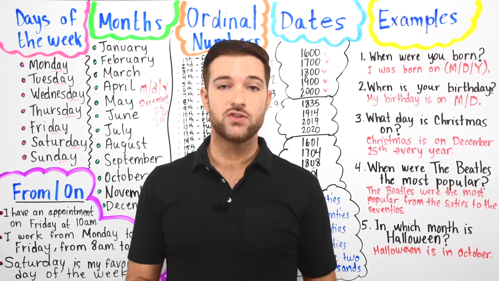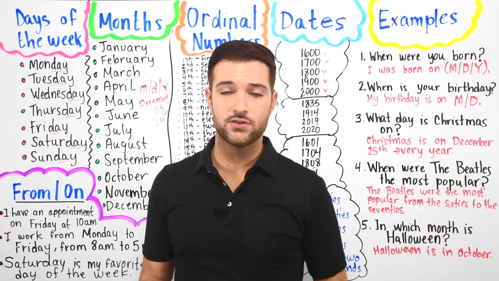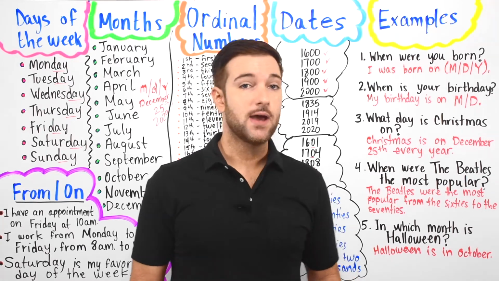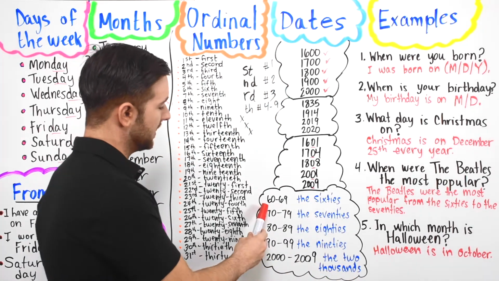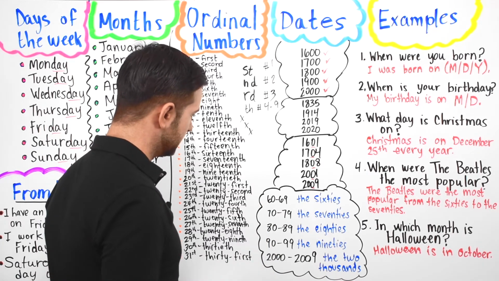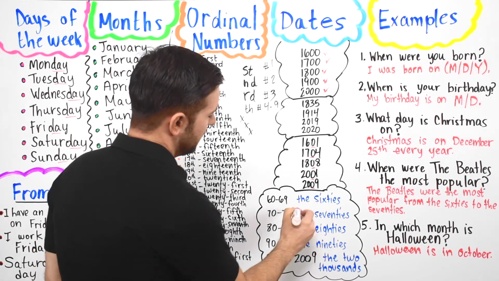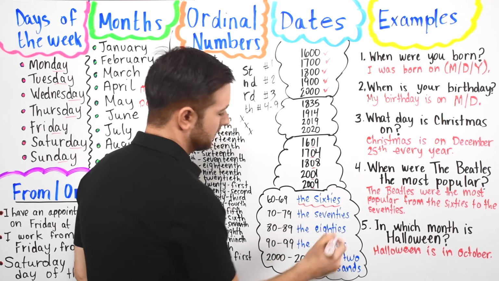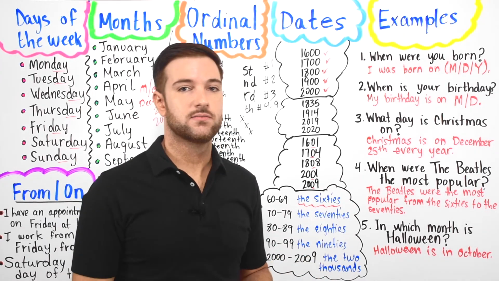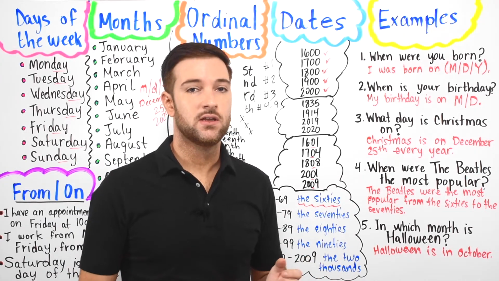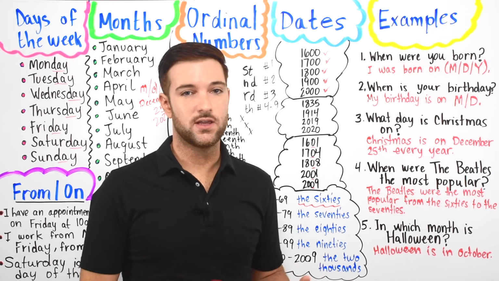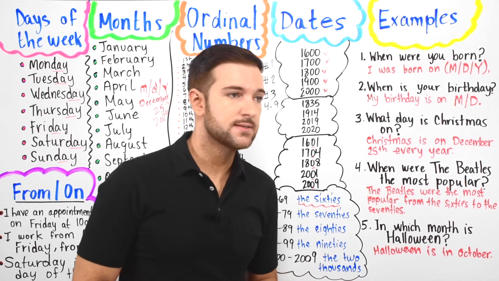Okay. Also, when you want to talk about events that occurred during a specific decade, you have to say it like this. From 1960 to 1969, you have to say the 60s. So, for example, the Beatles were popular in the 60s.